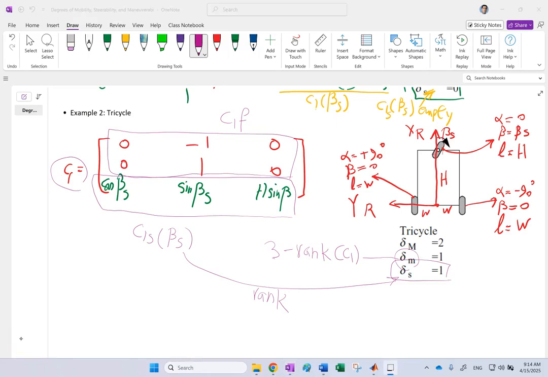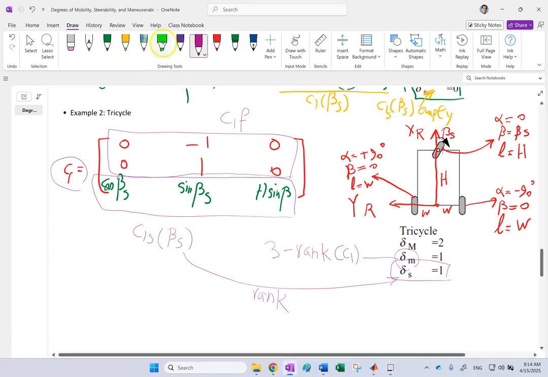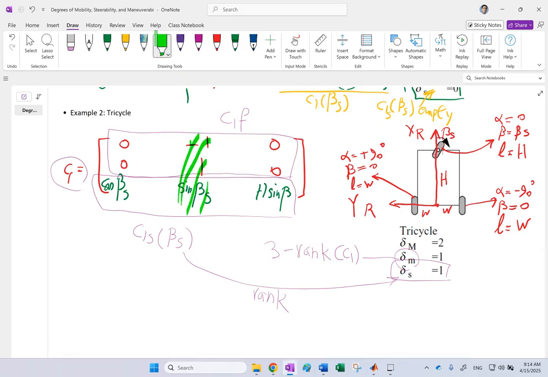Well, rank is the number of independent columns. In this case, this column here is basically 1 separate column. But if you look at these two, they are not independent from each other, because one column could be a multiple of the other one.